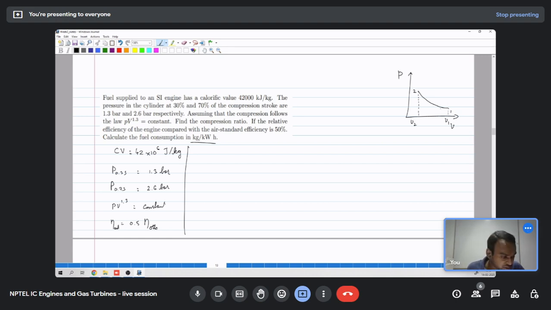30% stroke represents some point here and 70% represents another point here. So 30% means 0.3 times (V1 minus V2), and this represents 0.7 times (V1 minus V2).